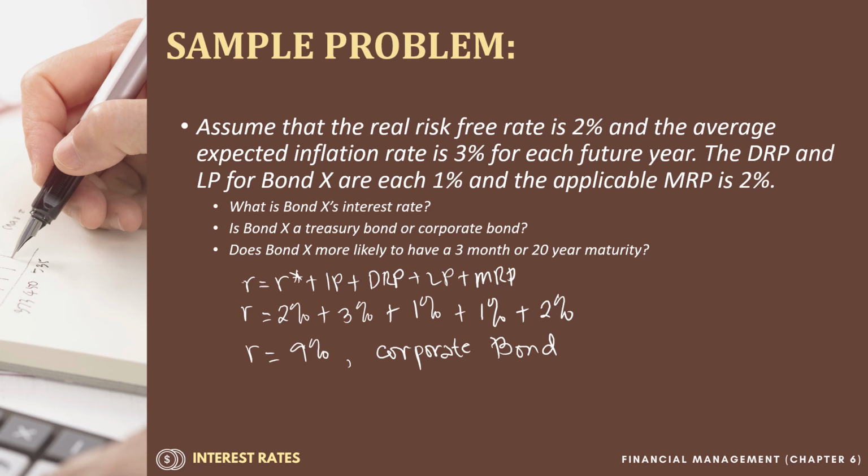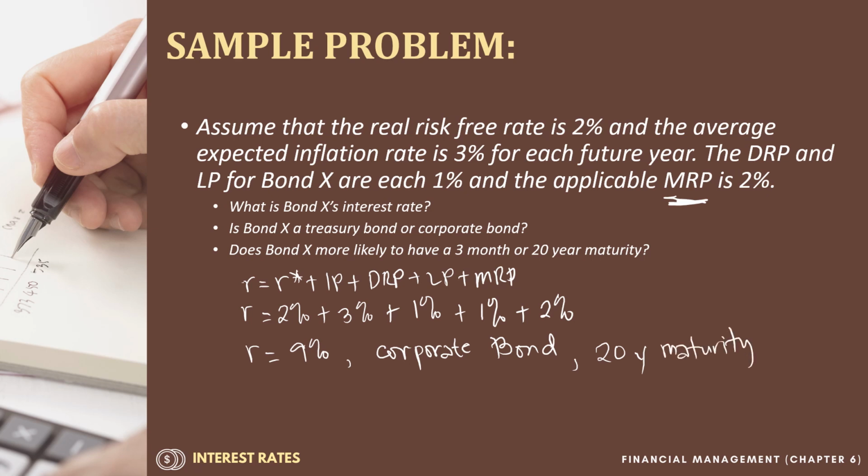Now, third question: is bond X more likely to have a 3-month or 20-year maturity? Considering that we have here the maturity risk premium, then bond X is a 20-year maturity. Okay?